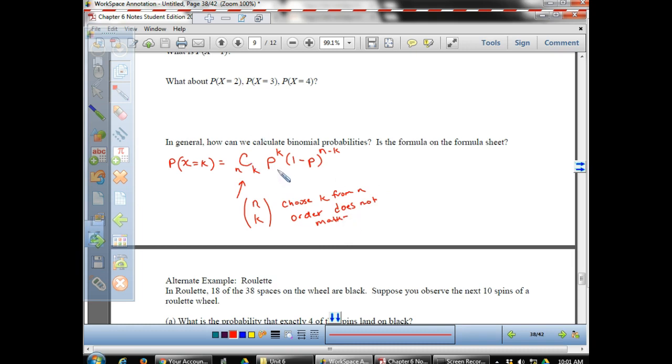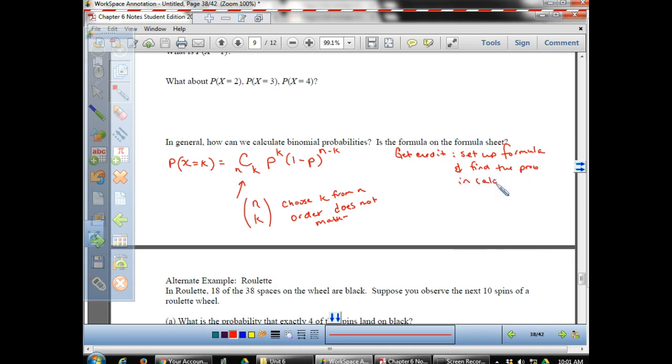So it's this formula, okay? And you're actually going to use your calculator for this, but to get credit, you want to set up the formula, proving you know how to use it, and then find the probabilities in the calculator.